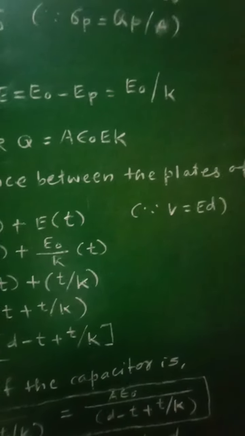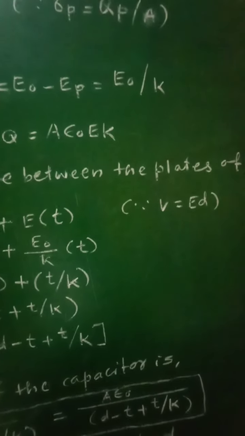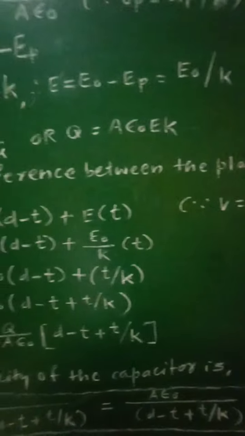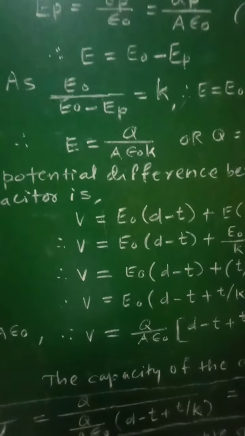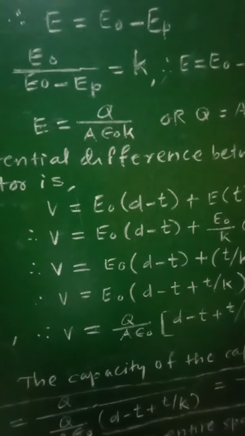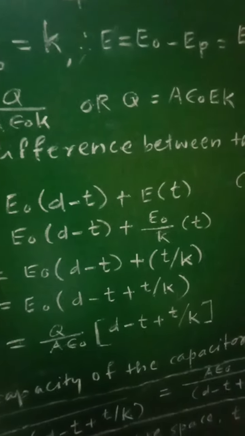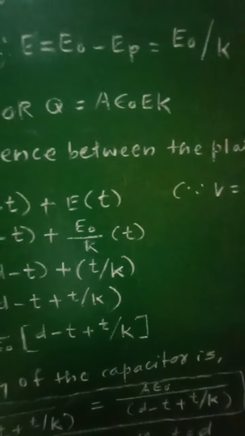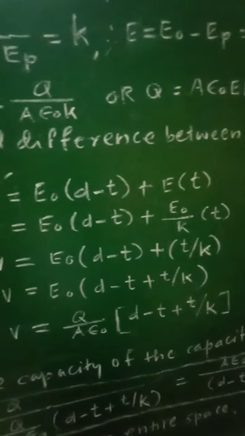The formula used here, phi is equal to E d, that is electric potential equals electric field into that distance, and therefore phi equals E0 into d minus t plus E0 upon k into t. Now in this case, E is given as E0 by k.